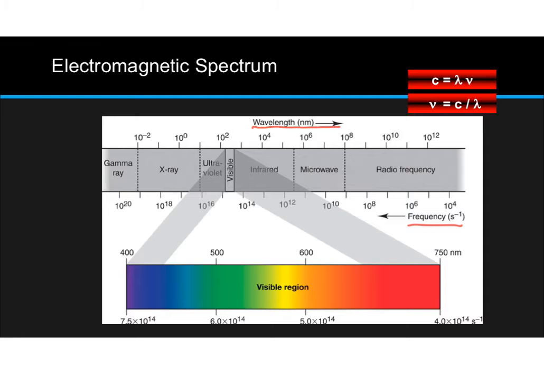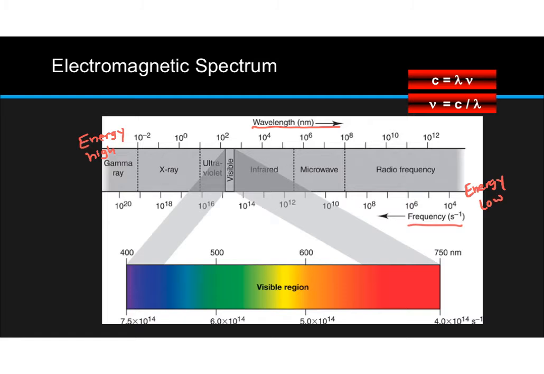What we can add today is that at this extreme, energy is highest. At the left-hand side, energy is high. Gamma rays are capable of breaking chemical bonds, whereas at the opposite extreme, on the right-hand side, energy is low.